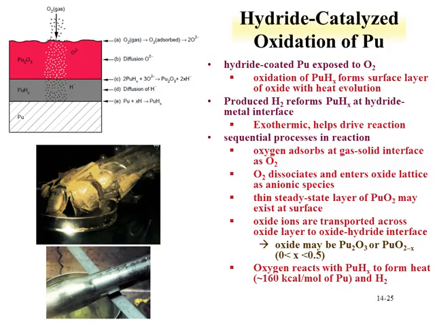The process is that oxygen absorbs at a gas-solid interface as the dioxide, as shown here. So this dioxide forms the plutonium-3, the Pu2O3 species. And as the O2 dissociates and enters the oxide lattice as the anionic species, as shown here, we get a layer of oxide, and a thin layer of the dioxide may exist at some surface or interface, but it's not a dominant species.